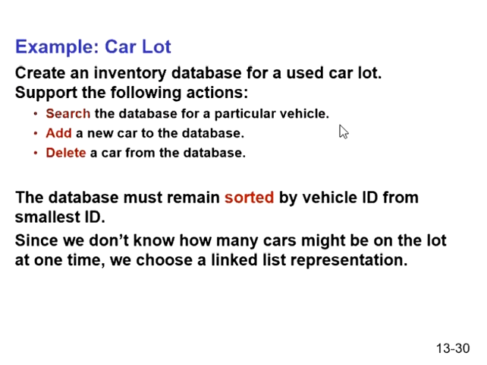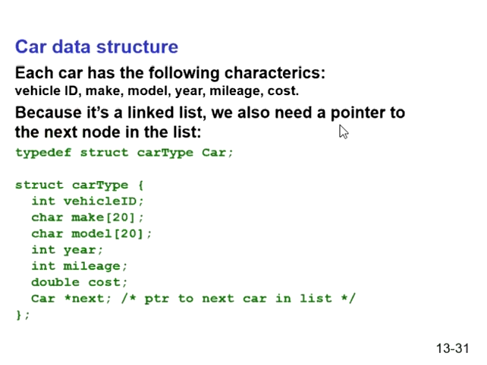We can add a new car to the database, and we can remove a car from the database. For extension, the database of the car lot must remain sorted by vehicle ID, from the smallest ID. But you don't know how many cars may be on the lot. So we must choose a linked list representation to organize our car lot.